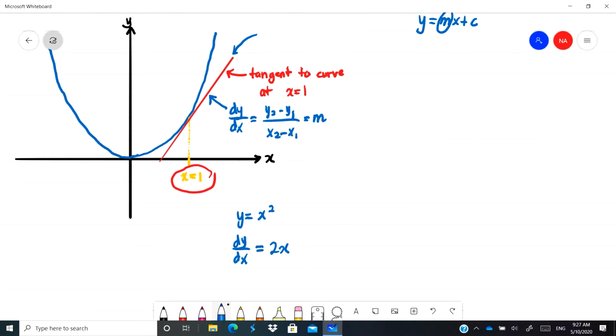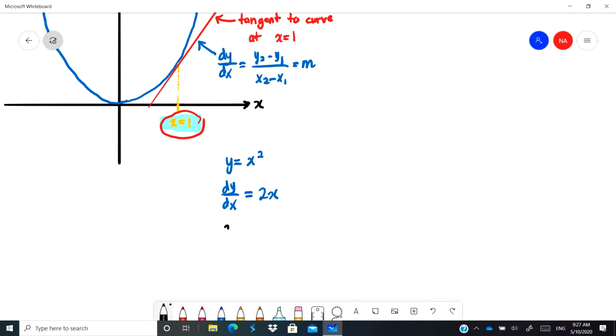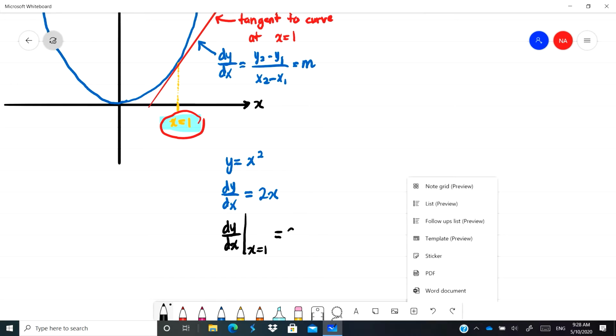Now we're going to focus at x equal to 1. Since x is equal to 1, we substitute the value of x equal to 1 into dy over dx. So we have 2 multiplied by 1, which is equal to 2.